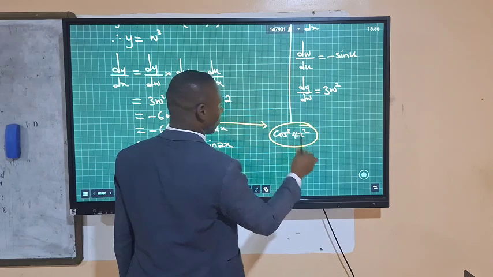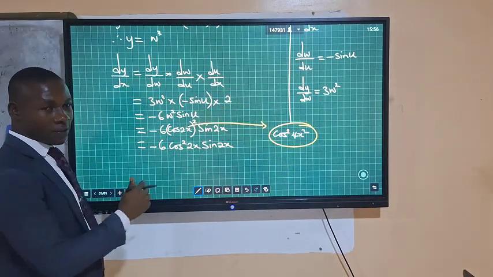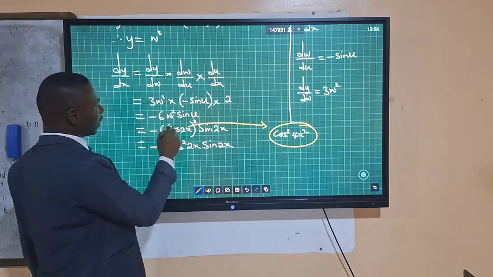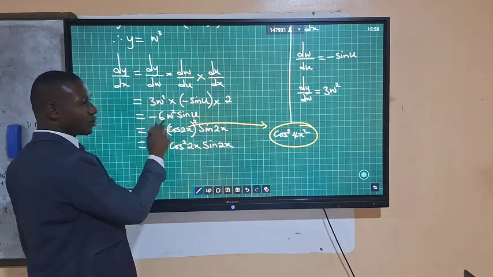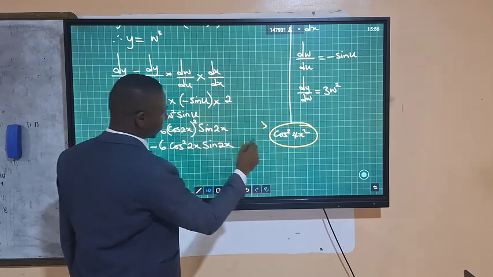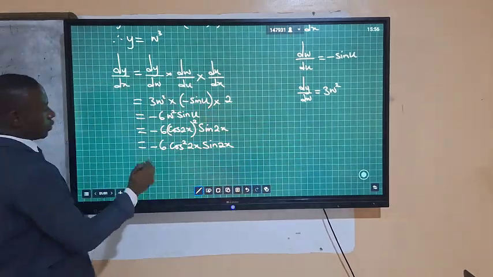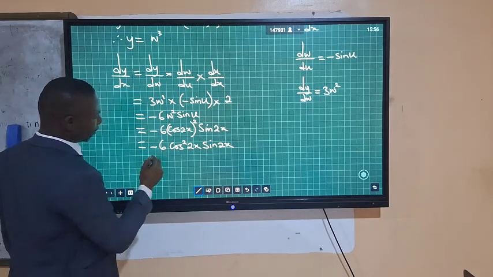Wrong. Please do not do this. That square is affecting only the cos. I hope that is clear. So this is our final answer.